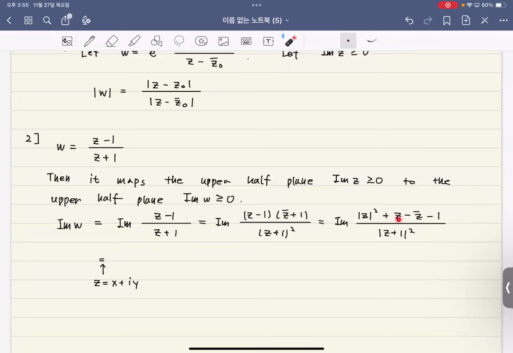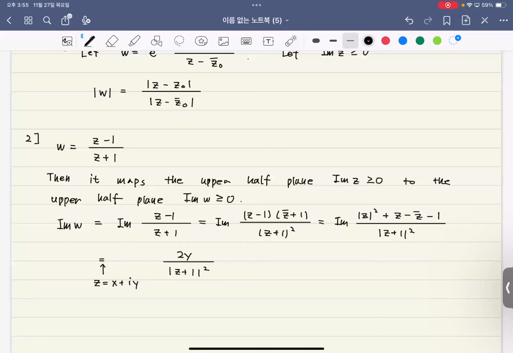So if I add z minus the complex conjugate of z, then this is going to be 2 times y over the denominator. Great. So what does it tell us?